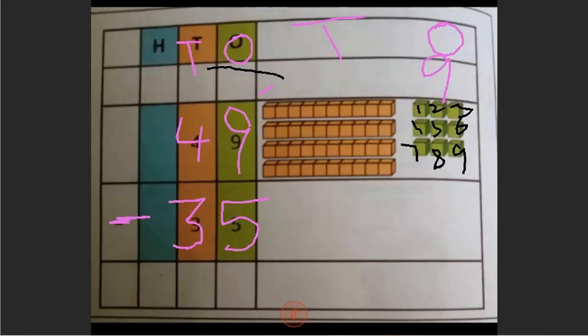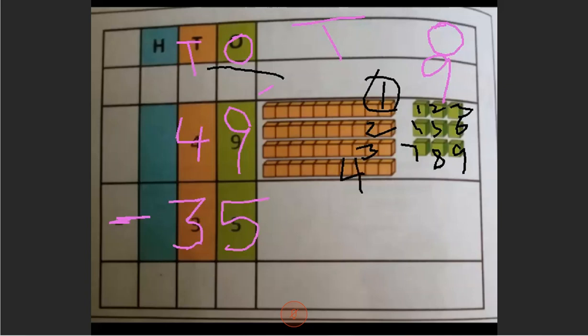Yes, this is the first one. This 10 fully is one row. So this is 1 full row, that means tens. This is 20. This is 30. And this is 40.